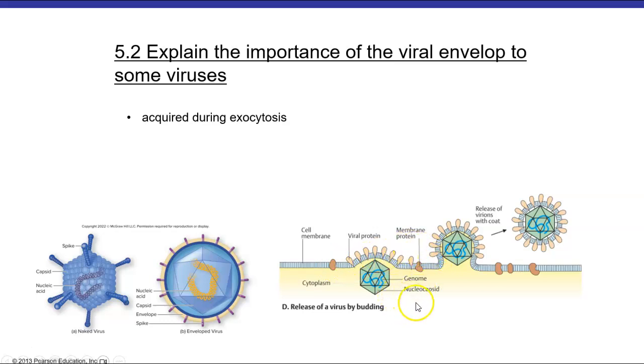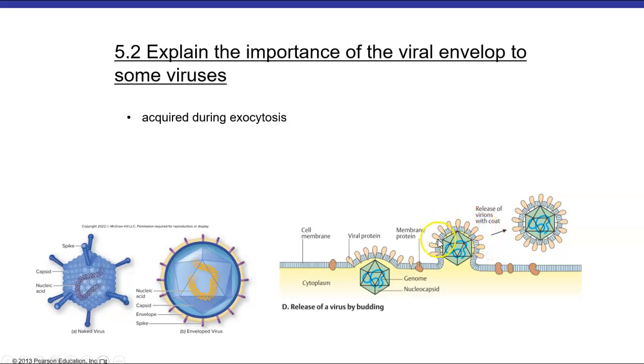And what happens is when that virion needs to leave that host cell, some viruses take a little bit of the plasma membrane, or the cell membrane, with it and surround itself. Remember that cell membranes, also called plasma membranes, are a phospholipid bilayer.